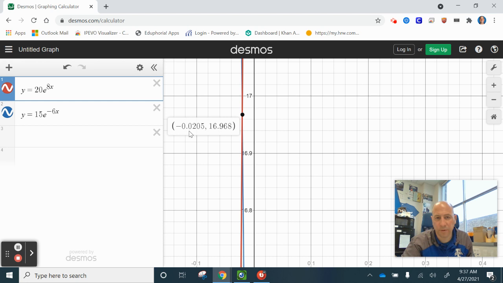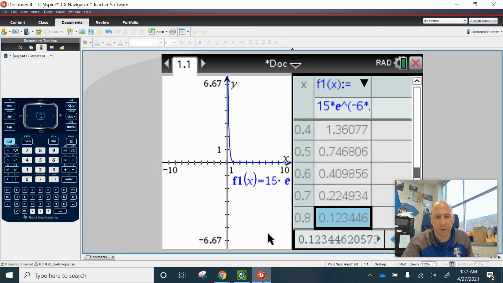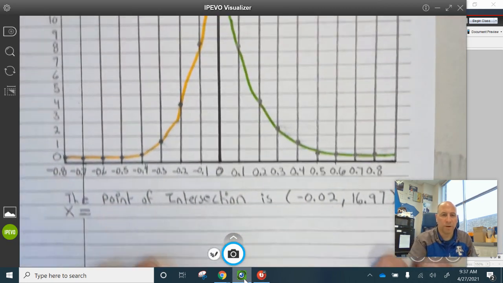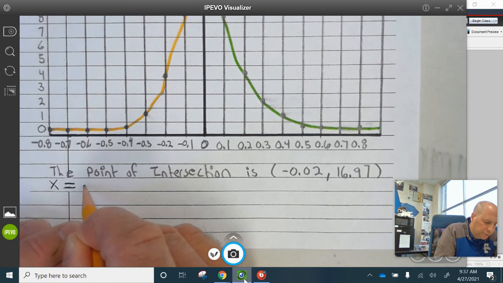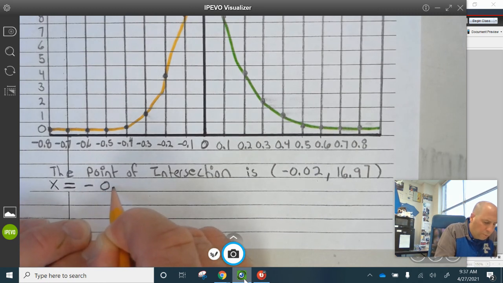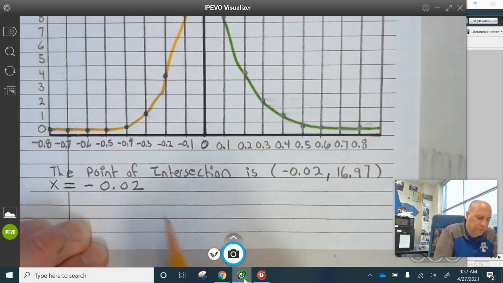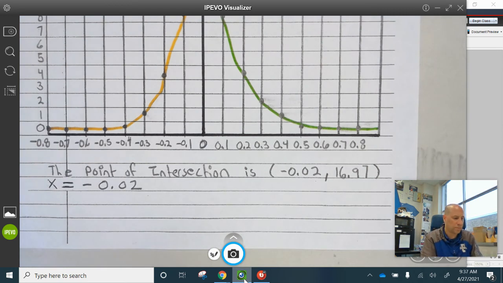I did 2 decimal places because technically the best you could do is 2 decimal places. All right. Now, we want the x value, so the solution is x equals negative 0.02. Okay? All right, go ahead and finish it up and have a wonderful Wildcat day.